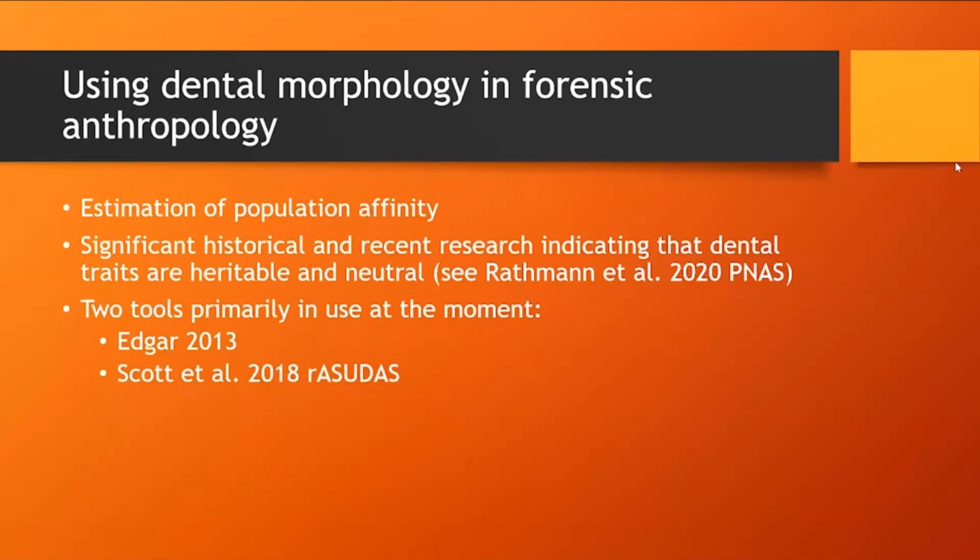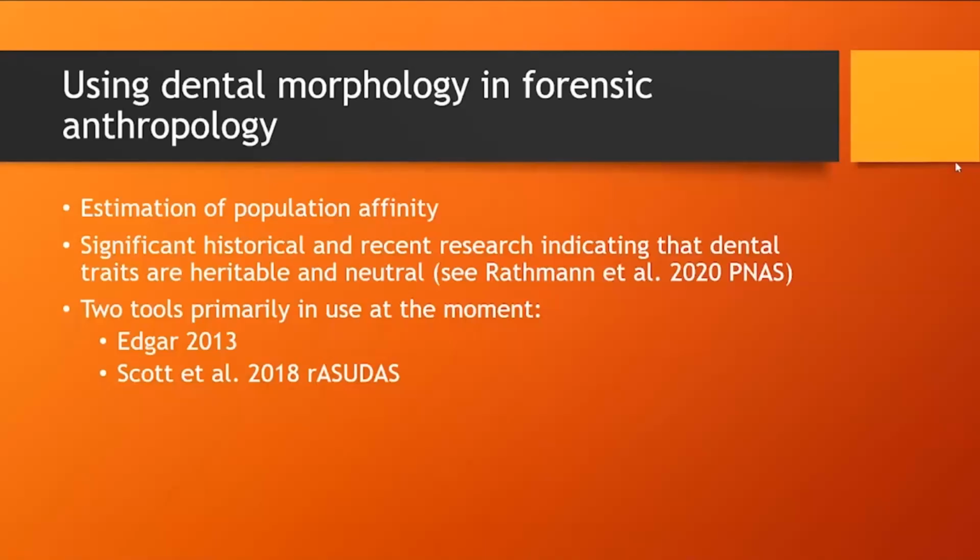Now, there is significant historical and also recent research that indicates that dental traits are heritable and neutral. Because of that, they are useful for population affinity. There are two primary tools in use at the moment that have this statistical approach associated with error.